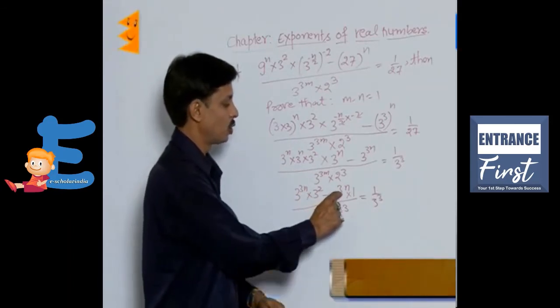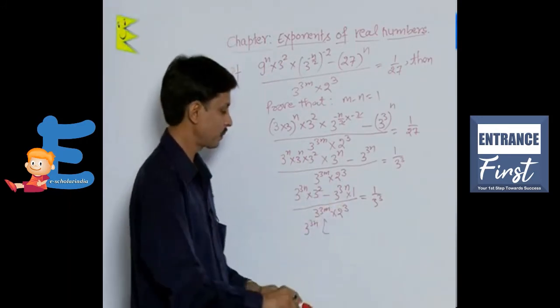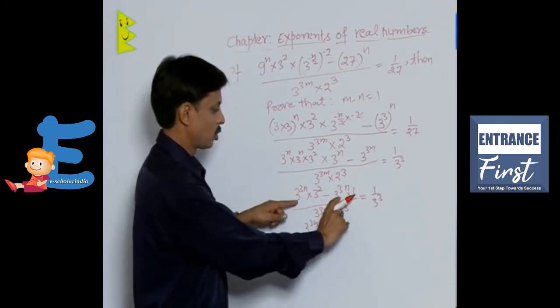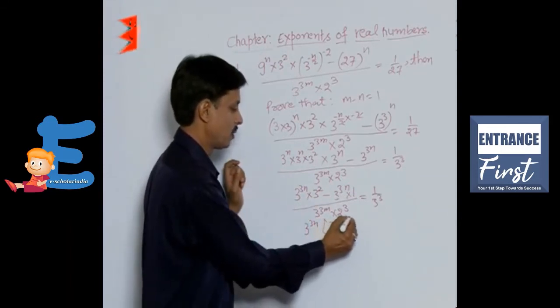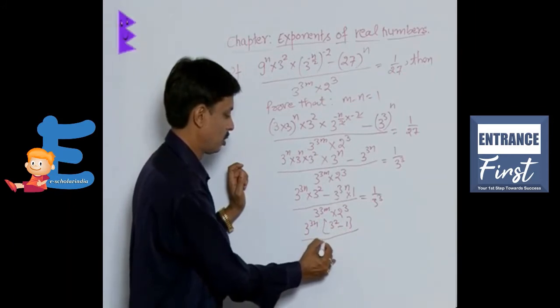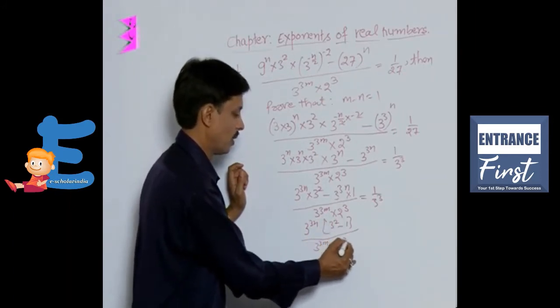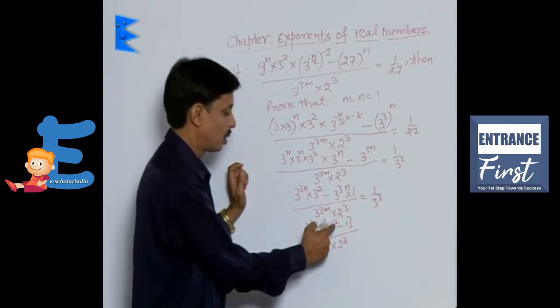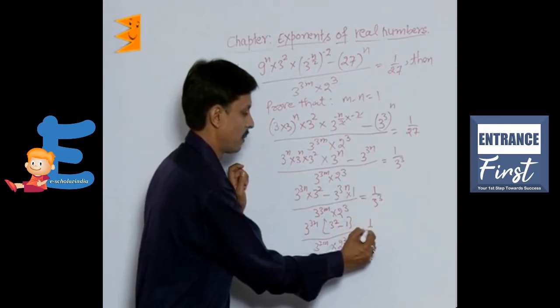So in this term 3 to the power 3n, if nothing is multiplied, I have written 1. 3 to the power 3n is common, then what is left? 3 squared minus 1 divided by 3 to the power 3m into 2 cubed.